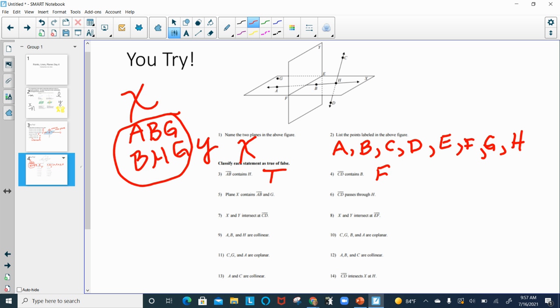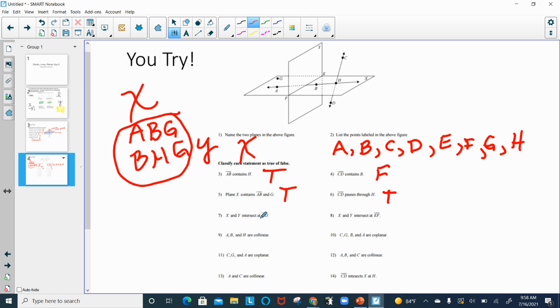Plane X, the one that's laying down flat, contains line AB. Yes, it does. And G. Yes, it does. CD passes through H. Yes, it does, because here's CD and it's passing through H.